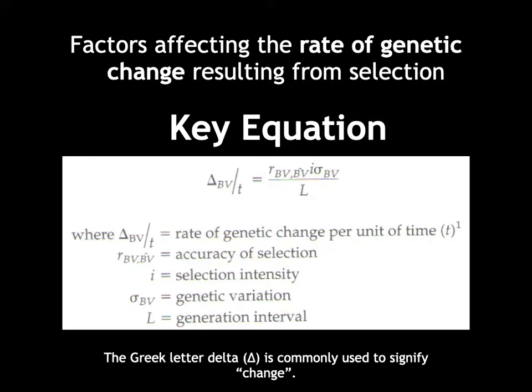In the key equation, the rate of genetic change is counted in unit of time. So you need to get information on the accuracy of selection, the selection intensity, genetic variation, and also you have to divide all those by generation interval.